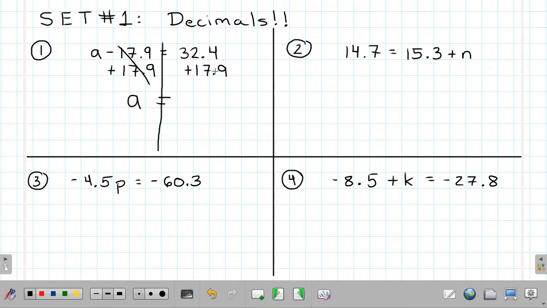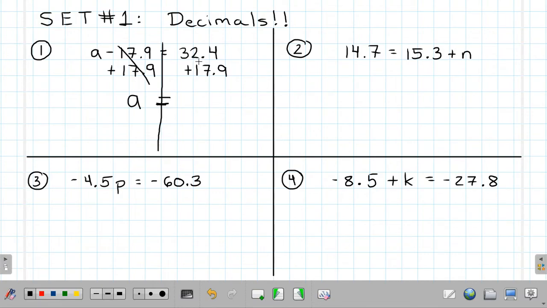32.4 plus 17.9. Decimals make it a little harder to do some of these calculations in your head, so I strongly suggest knowing how to use the Desmos calculator. We'll be looking at the Desmos calculator in a bit when we talk about fractions, because I want to make sure everybody's good with how to do fractions with it.